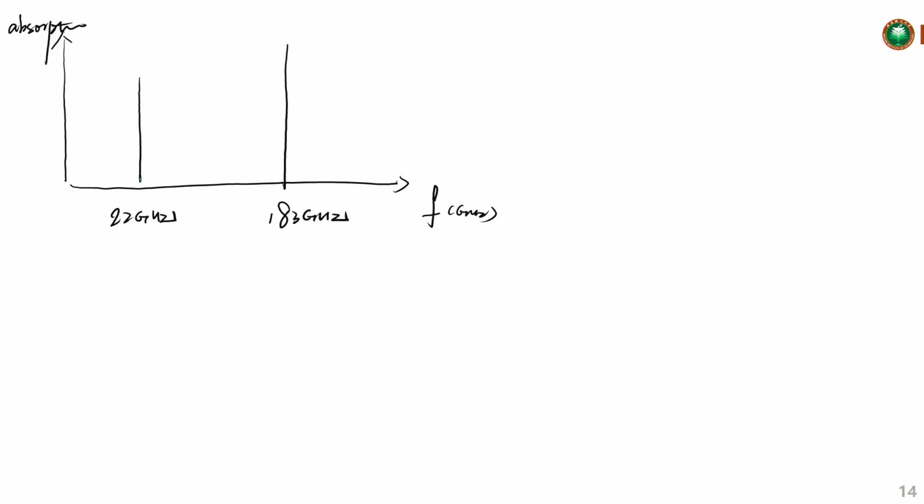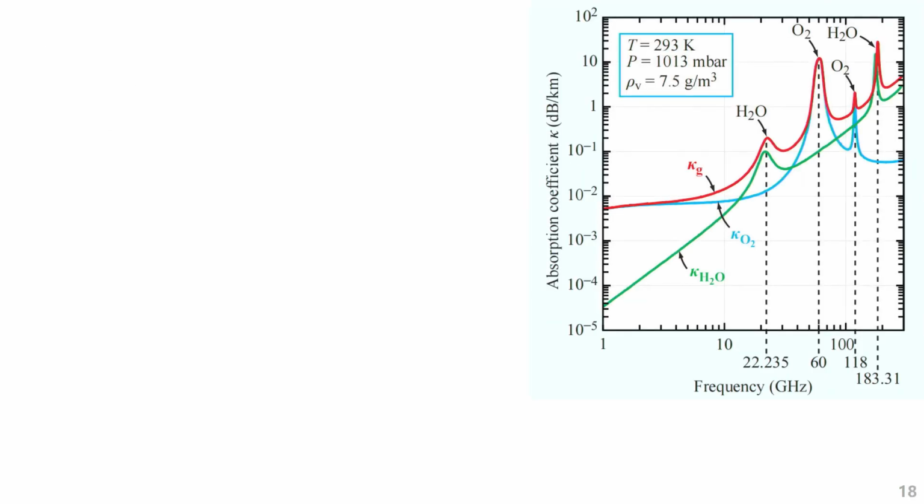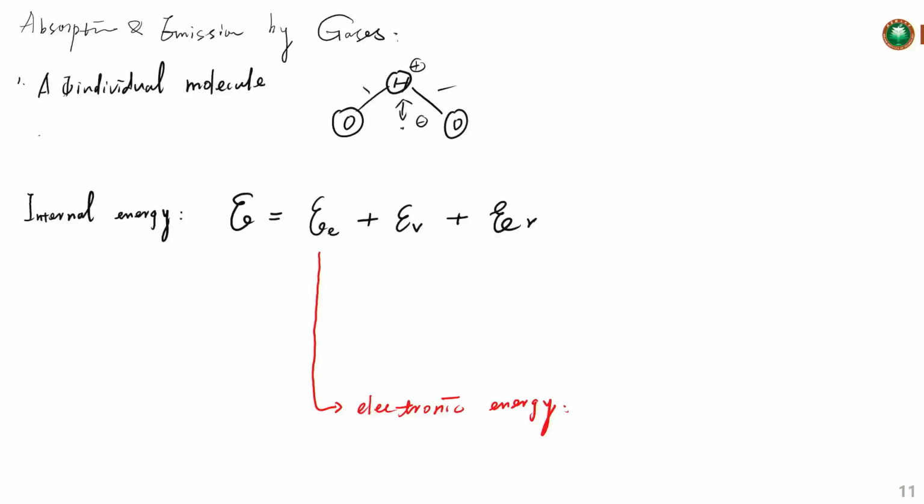According to our previous demonstrations, it should be sharp lines, like this one. However, when we come back to this plot, we can see that the water vapor absorptions have broadened lines.